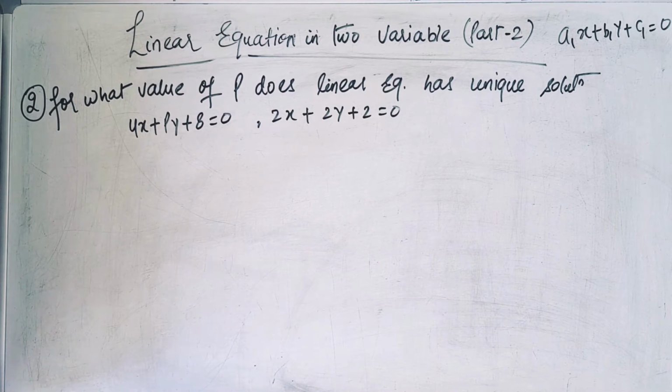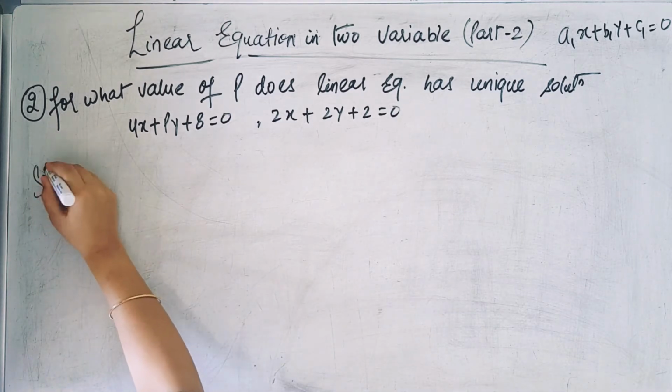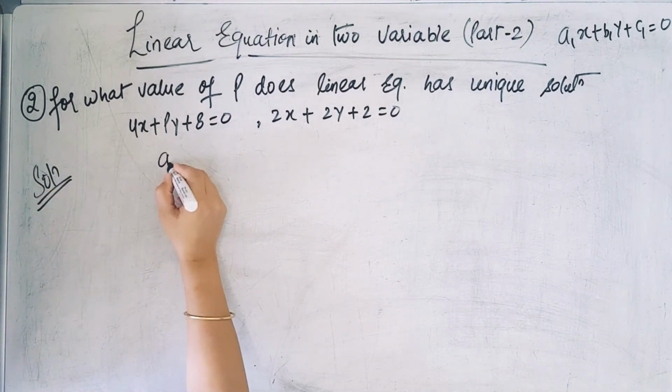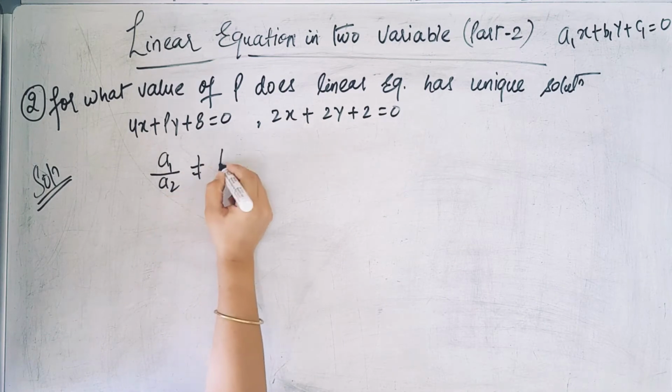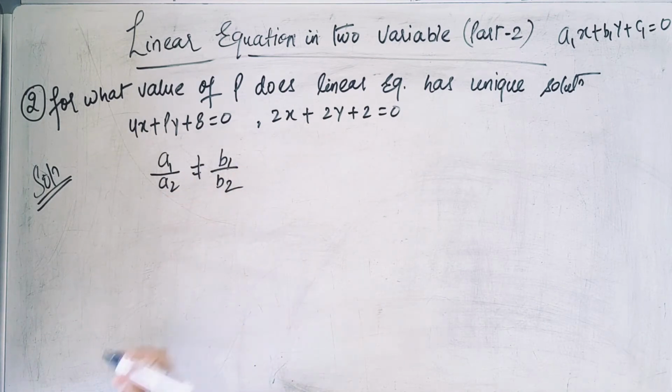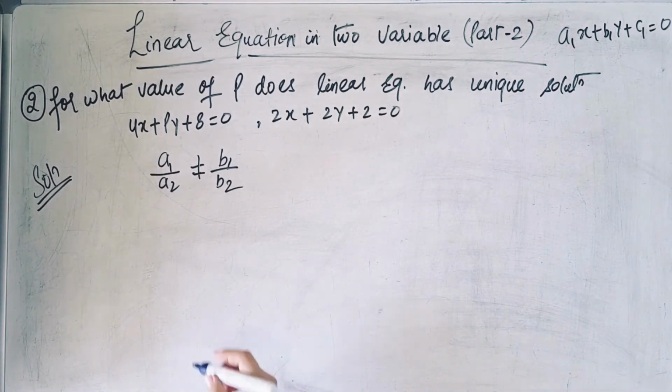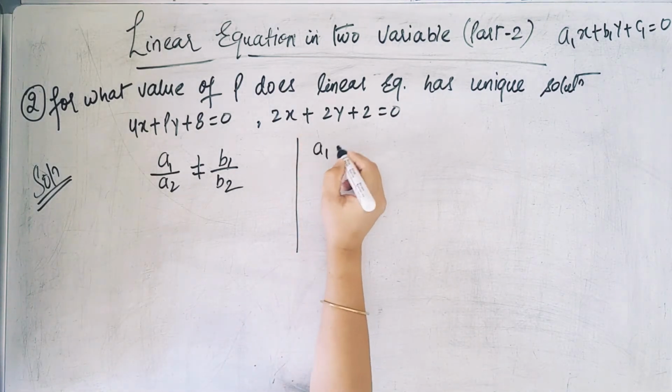They have clearly mentioned that this equation has a unique solution. So what is the condition for a unique solution? A1 by A2 is not equal to B1 by B2. So simple, this is a unique solution. Now according to the equations, A1 is what?